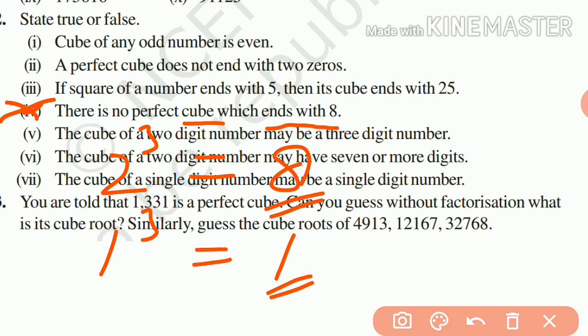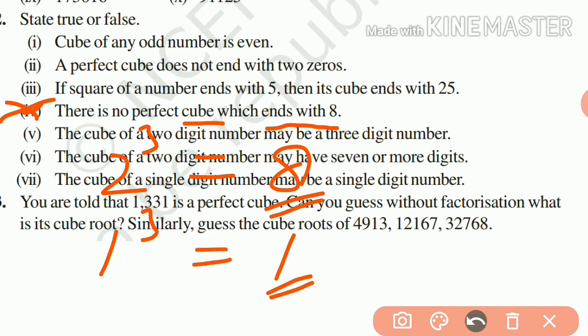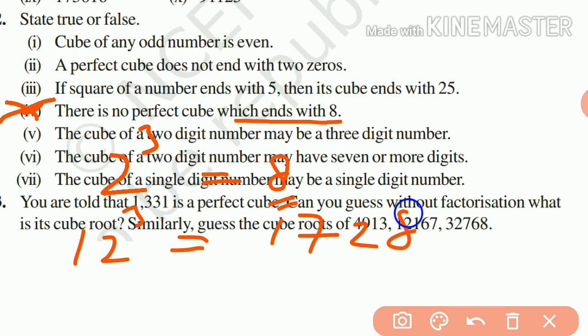So here 2 cube equal to 8, this number ends with 8. Similarly 12 cube equal to 1728, this also ends with 8. So we cannot say this statement, there is no perfect cube ending with 8.